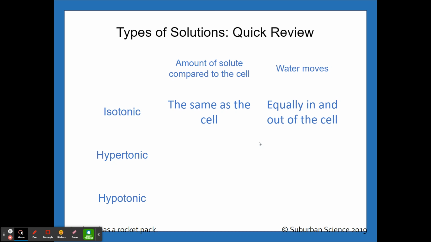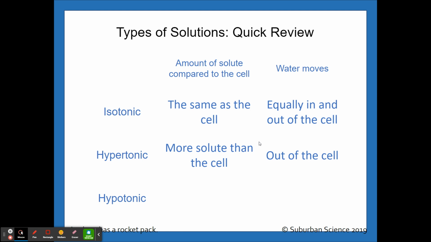Now, in a hypertonic solution, remember, hyper, above. So the amount of solute compared to the cell is more solute than the cell, whereas the water that moves should be out of the cell. Again, our hypertonic solution is nice and troubled up.